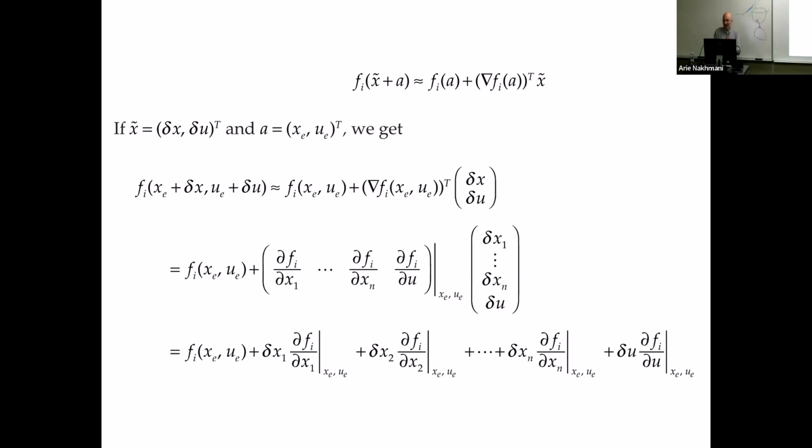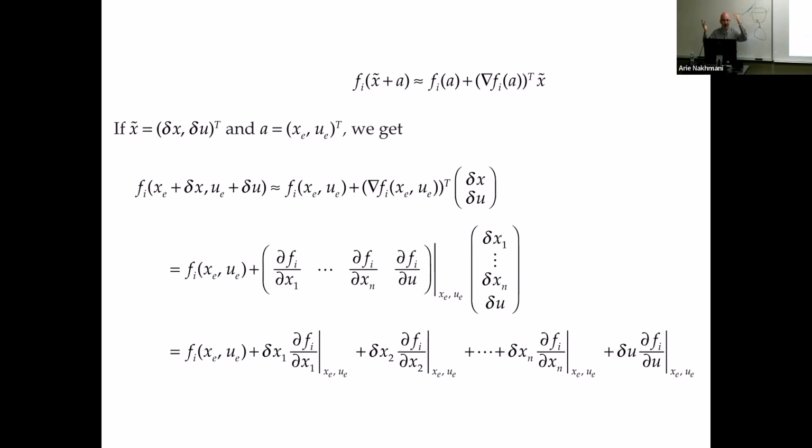So think about that as just a bunch of numbers. It's a constant times the first x plus a constant times the second x, and so on, plus some constant times u. And this is your first equation. Do you recognize the pattern from linear systems? This is exactly what that thing is. It's like the first row in the matrix A multiplied by vector x, and the first element of matrix B multiplied by u.